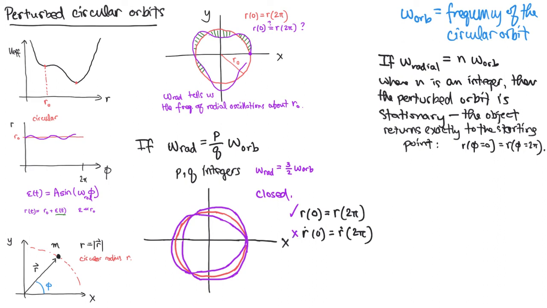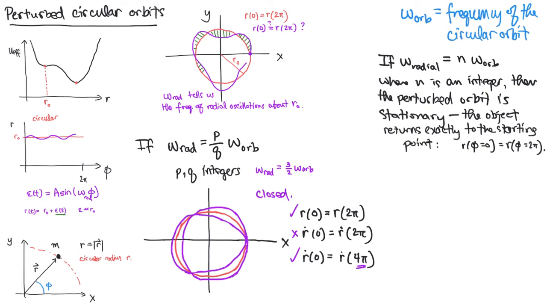So we satisfy the position, but not the derivative, but the derivative at phi 0 is the same as the derivative 4 pi later. And so that means we're going to close on ourselves eventually. And here eventually means after 2 cycles, not 1 cycle.